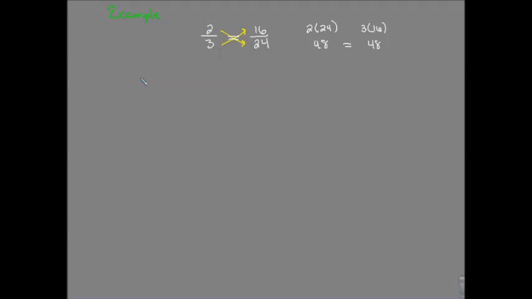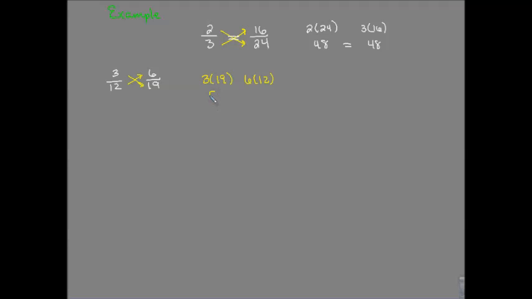Or I can do something like 3 over 12 and 6 over 19. Okay. If I do the cross multiplication, I get 3 times 19 and I get 6 times 12. Of course, I don't know what 3 times 19 is off the top of my head.